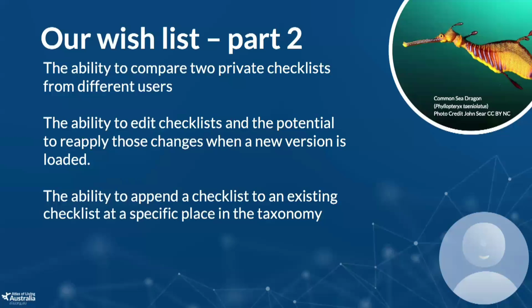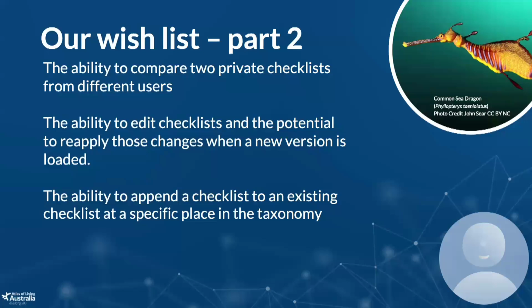The second is the ability to edit a checklist within ChecklistBank. At the moment, we're managing the additional names that are coming in from conservation lists and sensitive species lists via a series of spreadsheets. Just due to the nature of spreadsheets, mistakes can be introduced where a name gets misspelled or a synonym is assigned to the wrong accepted name.